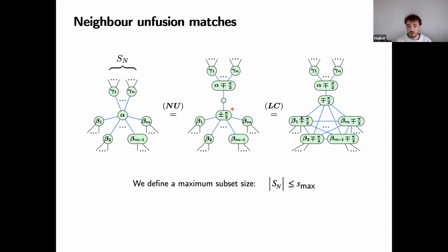But there's a possibility that flow can change in different ways, essentially. So it's not just the neighbour unfusion itself. You can easily check if it will preserve causal flow in that way. But once you've applied local complementation on it, that doesn't necessarily hold. And it may be that this central diagram does not preserve causal flow, but afterwards it may do. And I don't have a set of conditions to describe whether these do or not. But I'll come on to that in a little bit.